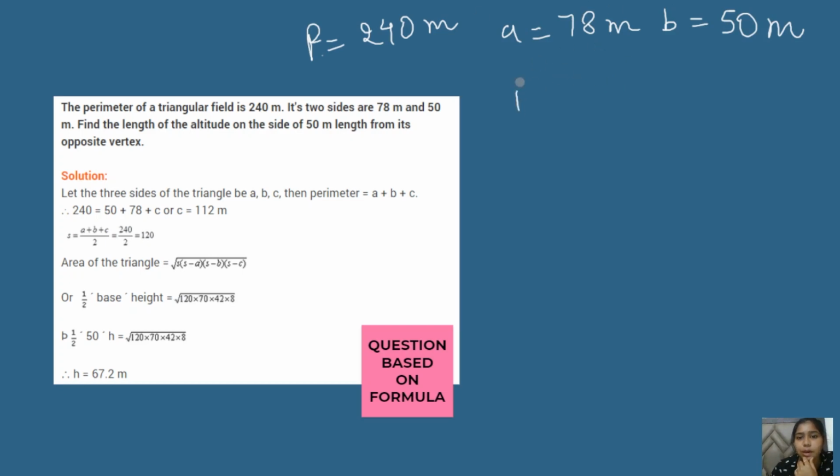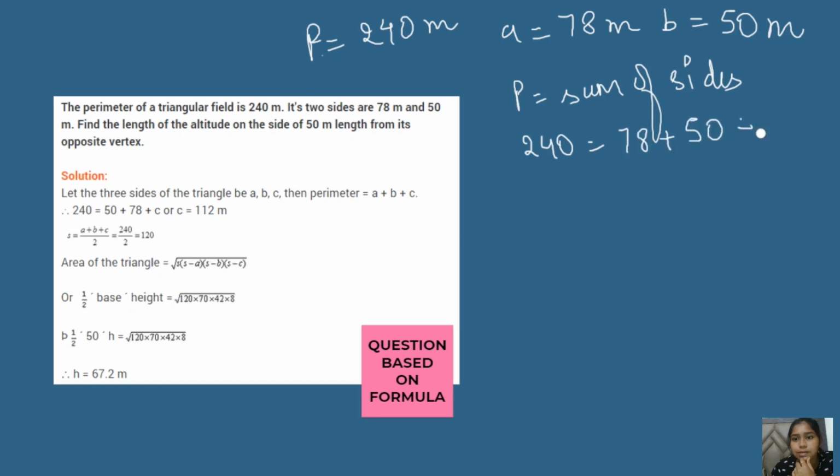Now let's see. Perimeter is the sum of the sides, right? So 240 meters will be equal to 78 plus 50 plus C meters. Am I right? Then C will be equal to 240 minus 128. C will be like this only, right?